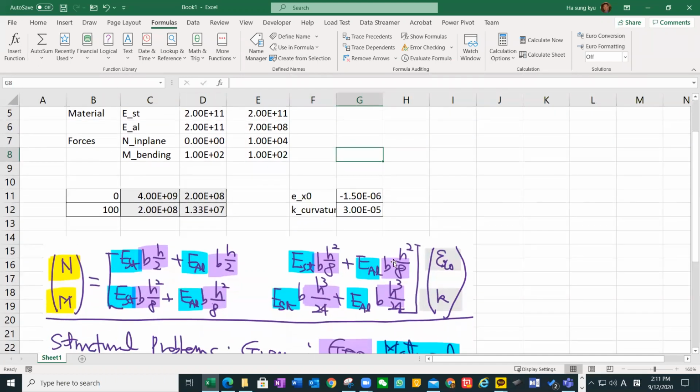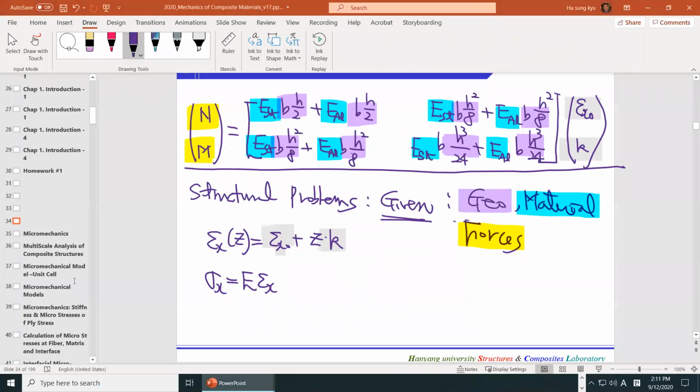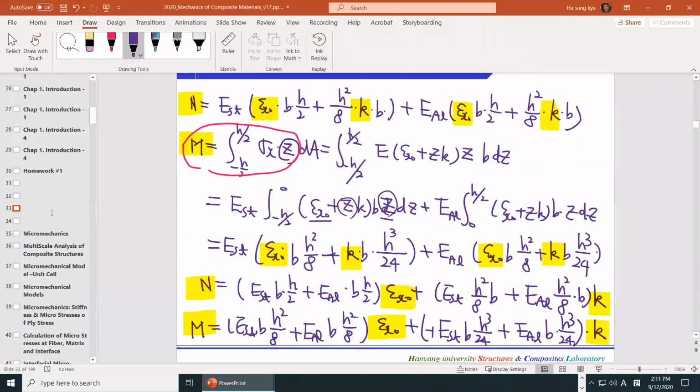Okay, so I'm sure this term has to be minus there, and let's get back to our equations. Okay, when we derived here, I'm sure we made a mistake.